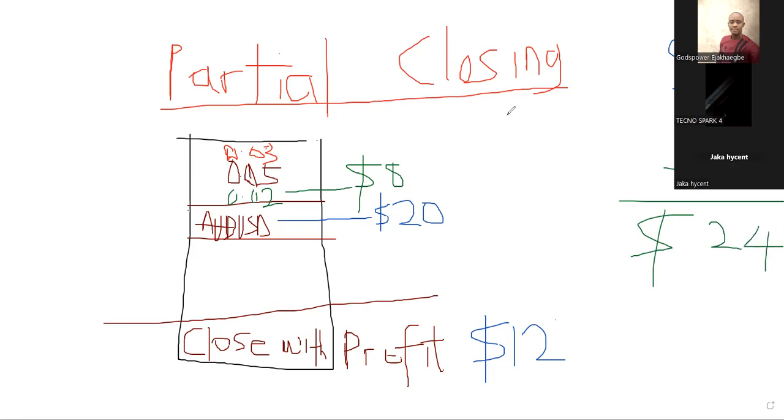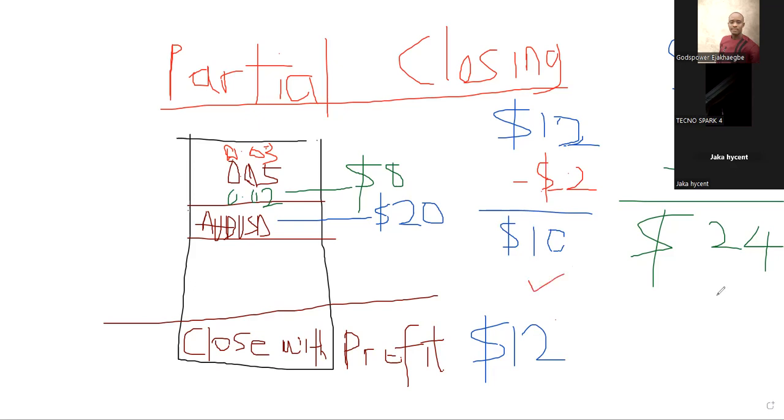Or in the worst case scenario, it later reduces to maybe $2 or minus $2. You don't have to feel bad because you already have the $10 registered in your profit margin. So this is how to manage your trade.